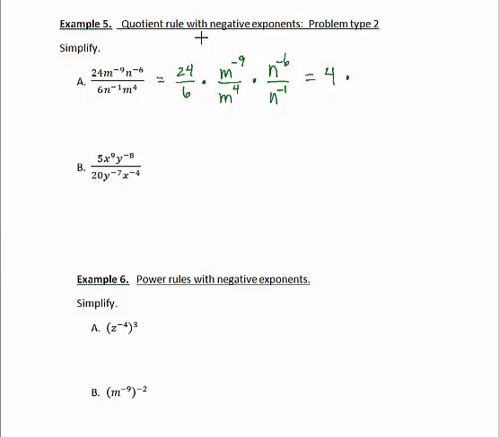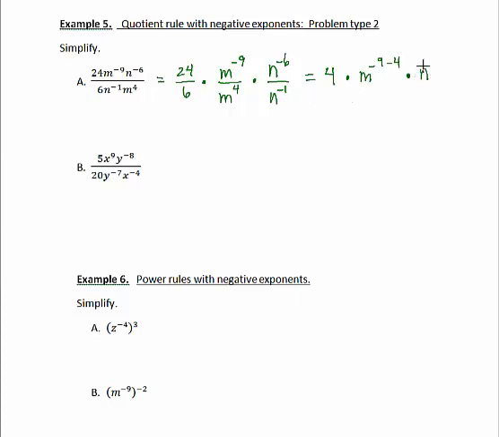We want, let's see, it doesn't say whether we want positive or negative exponents. What I'll do is I'll just move all of the variables to the top, to the numerator. So in other words, I'm going to keep the m to the negative 9 and apply the quotient rule, which means we move the 4 up to the top, and therefore we have to subtract it.